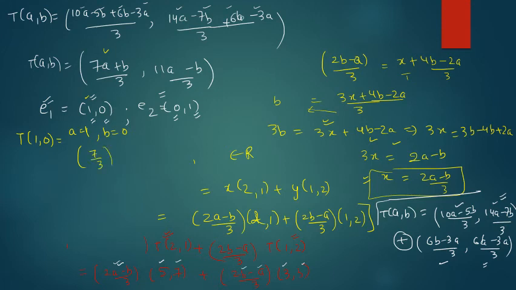So 7 by 3 for (1, 0), correct? And for this one, if you substitute a as 1, b as 0, so 11 by 3. Correct. So this is the value of T(1, 0).